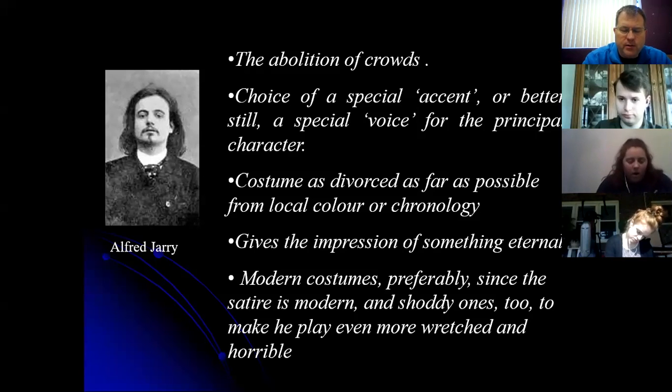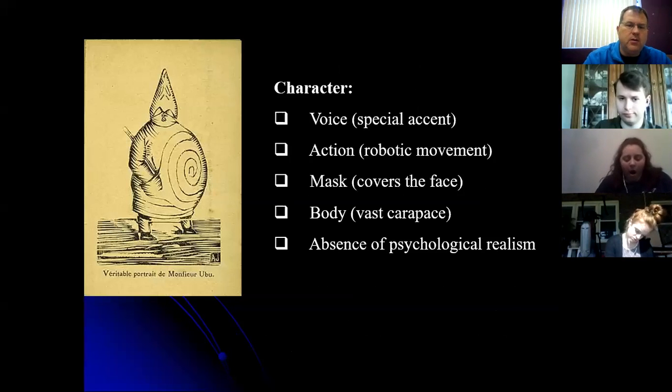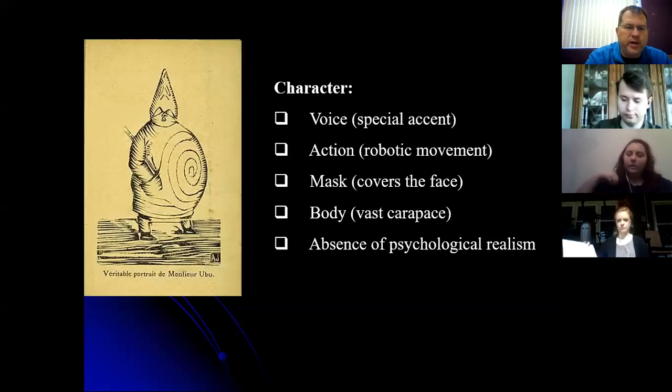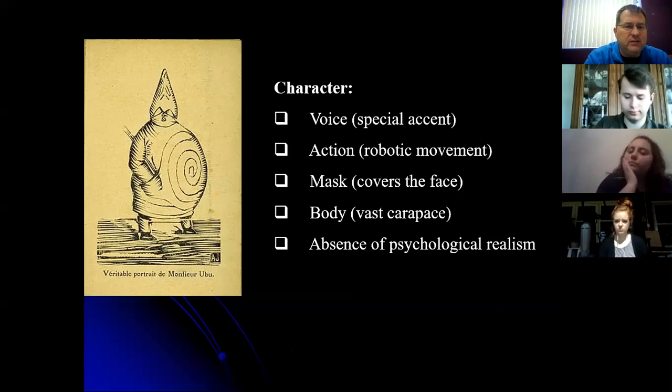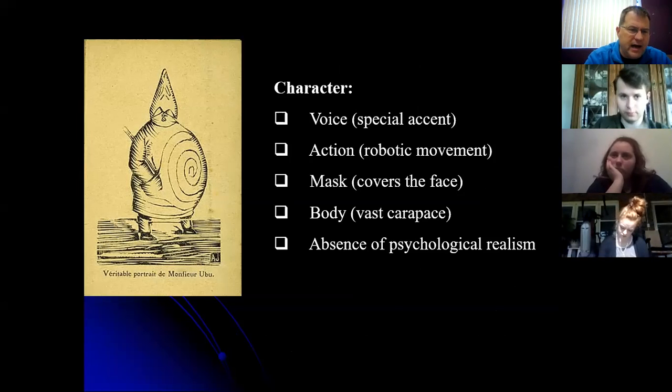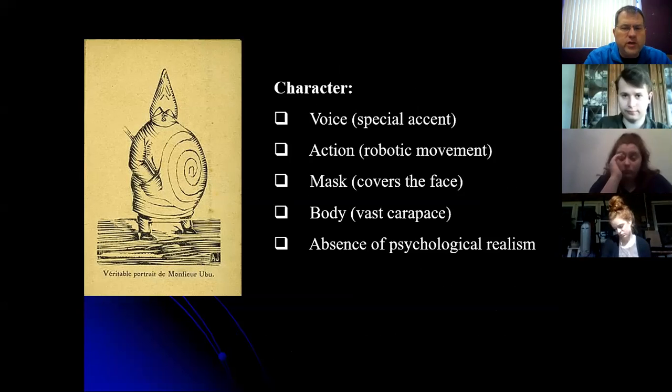Cool. All right. So just as a quick bullet point here, here's a better picture of the Ubu Roy. Again, you can see how in the modern, especially in the American audience, that immediately jumps as a Klan guy, and that's not what's going on there. But remember, he wants a voice with a special accent. He wants robotic action.